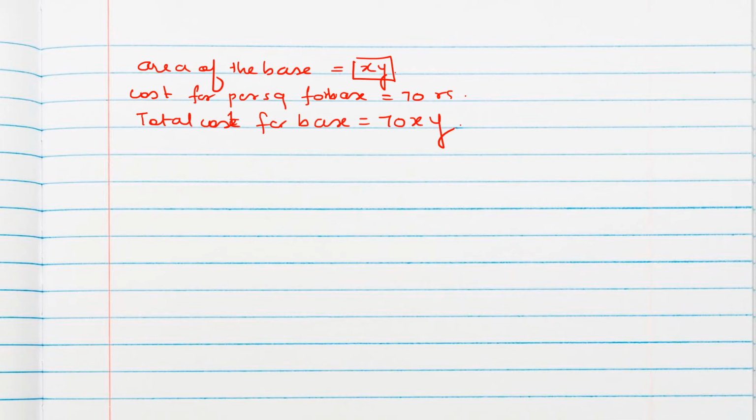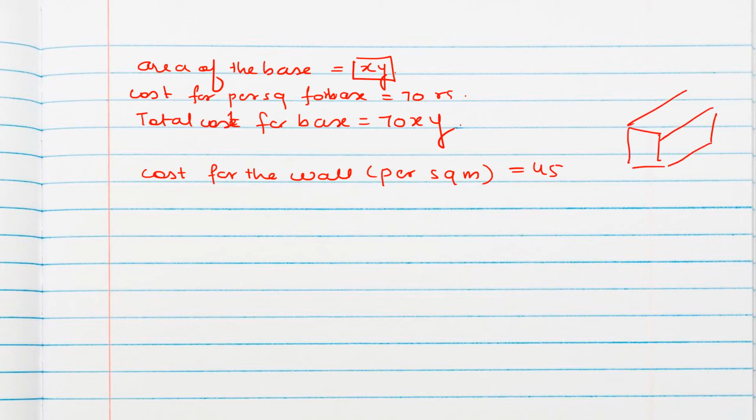And what is given next? Cost for the walls per square meter is 45. Now we have 4 walls. This is x, this is y, this is 2. So what will be the area of this wall? 2 into x.